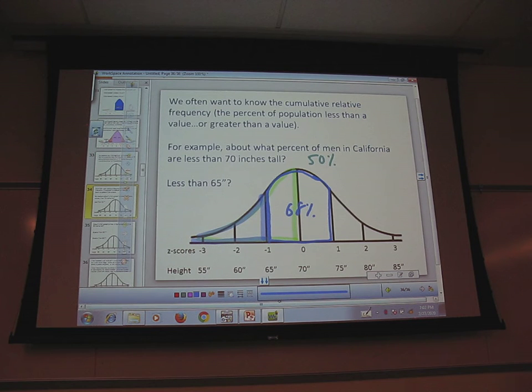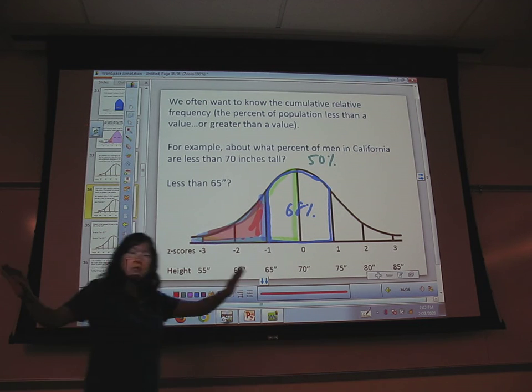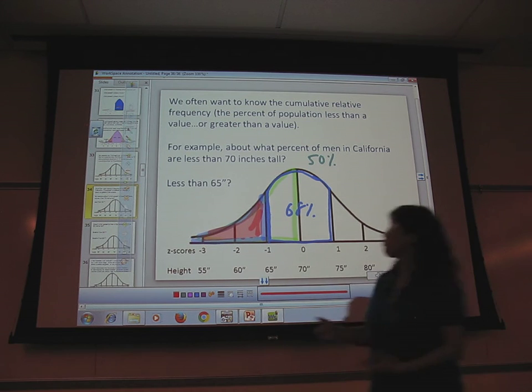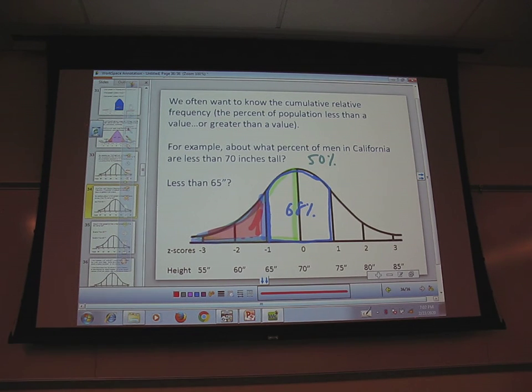That might help you find the outside. So 68% on the inside, how much is on the outside? 32. And remember, it's symmetric, so half on each side. What's half of 32? 16%.